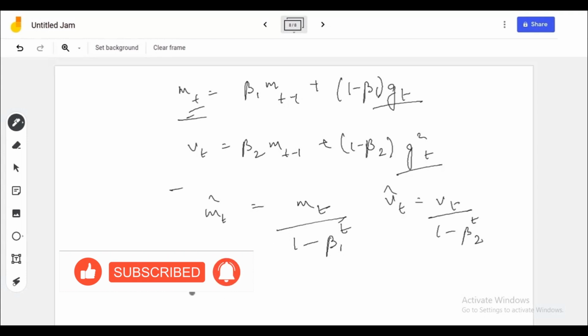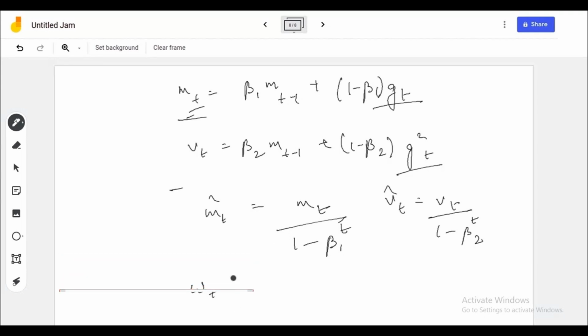So this brings us to the final equation: w t equals w t minus 1 minus alpha times m hat t by square root of v hat t plus epsilon.